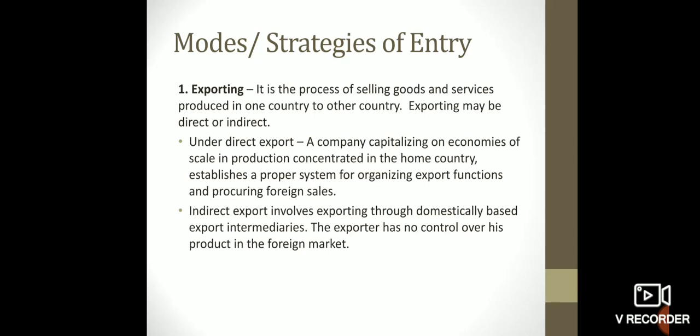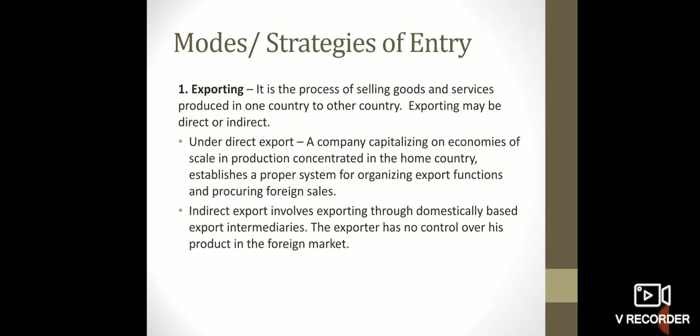So exporting is when the excess production is sold to other countries. While exporting, we can export directly or indirectly. When we export directly, we control the sales in that particular country, we establish the system for the export functions, and we procure the foreign sales too.